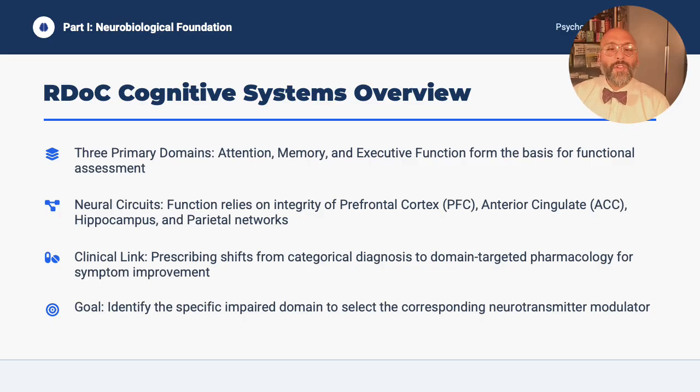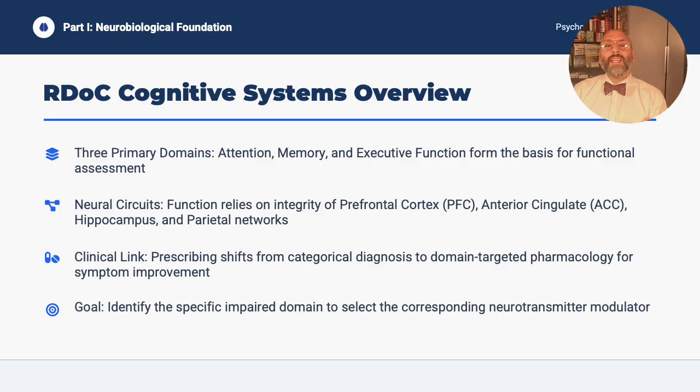So, prefrontal cortex, anterior cingulate, hippocampus, and they're distributed through the parietal networks. Now, when those circuits are disrupted by neurodegeneration or vascular disease, inflammation, medication, or chronic psychiatric illness, cognition is a symptom that can suffer, the process that can suffer.